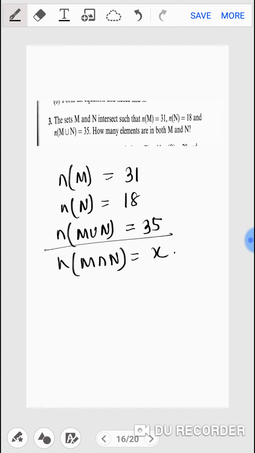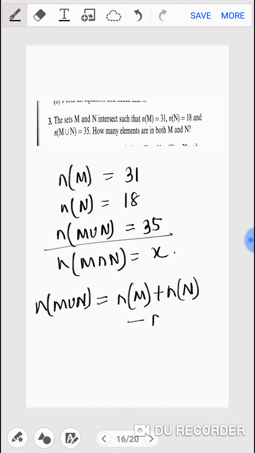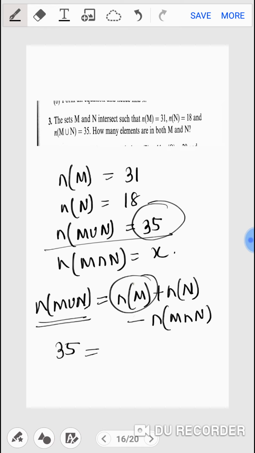And what did I say to you? Total, that is M union N, will be equal to number of elements in M plus number of elements in N minus number of elements in M intersection N. So that is M union N, 35, is equal to 31 plus 18 minus x.